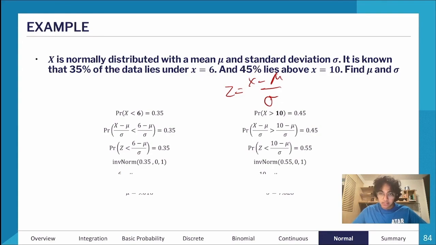Then I can use inverse normal because the area under the standard normal distribution is a known quantity. So inverse normal can handle it reasonably well. And so I work out what z is, more or less, right? And then from there, I can use simultaneous equations to solve for mu and sigma.